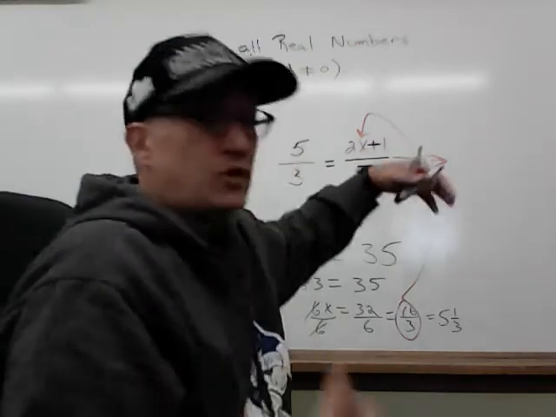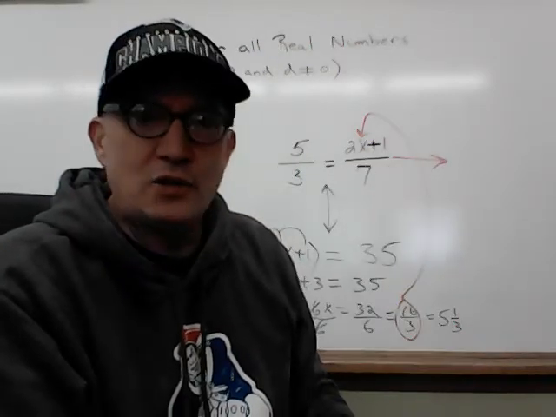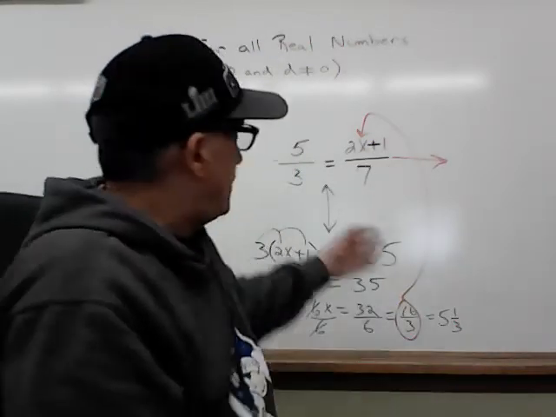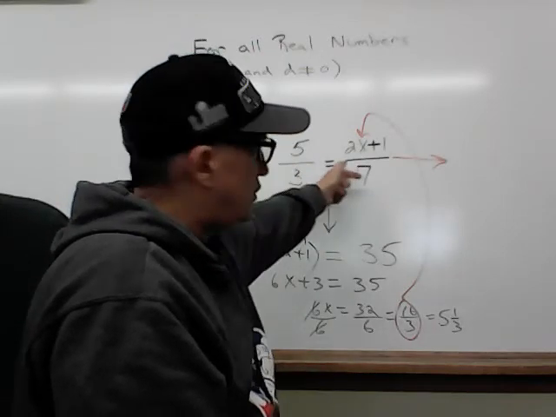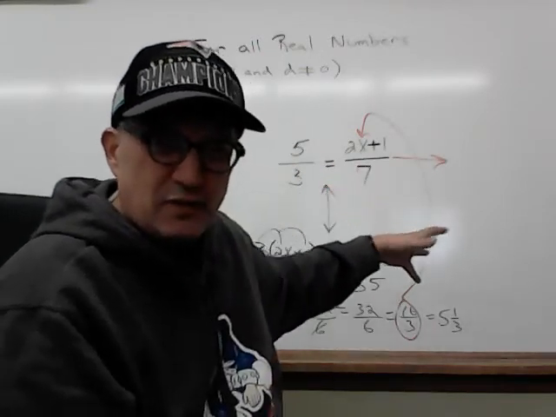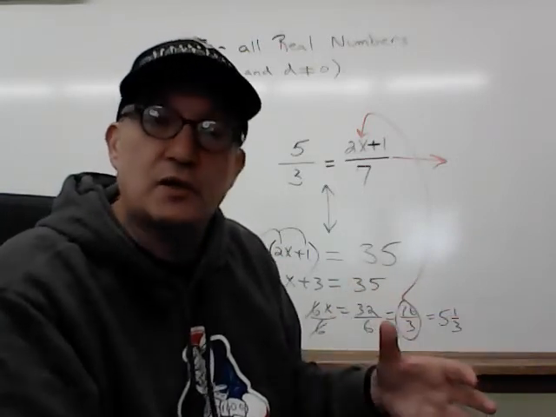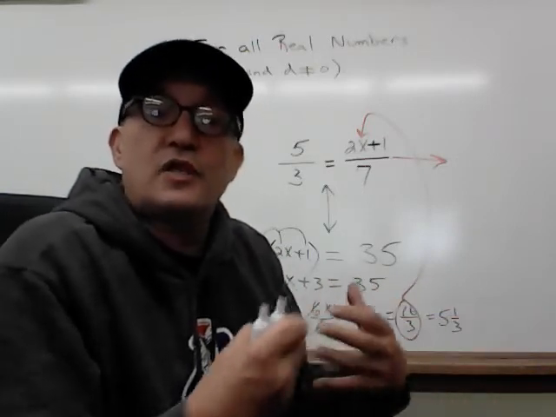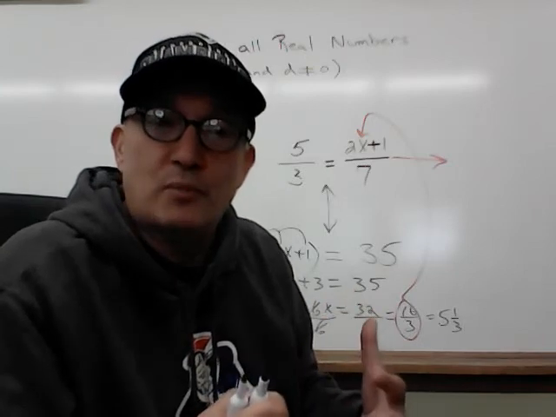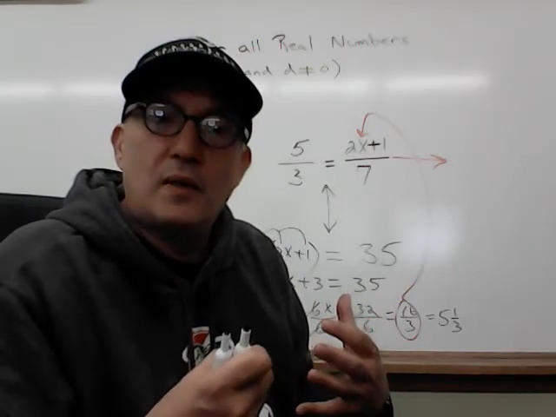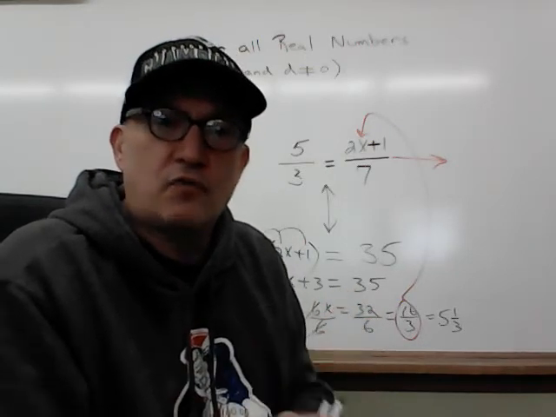This numerator here, the 2x plus 1, is not going to be a whole number because you cannot have thirds equal to sevenths. 3 is not a factor of 7. 7 is not a multiple of 3. So you cannot have thirds equal to sevenths with just whole numbers. So you have to be willing to accept that complex fraction.